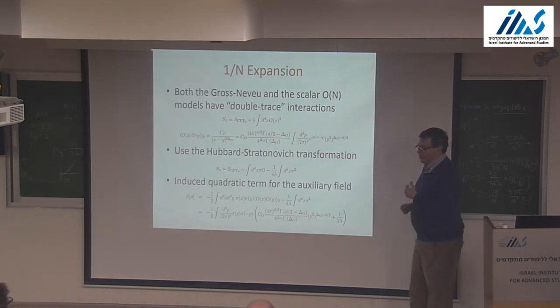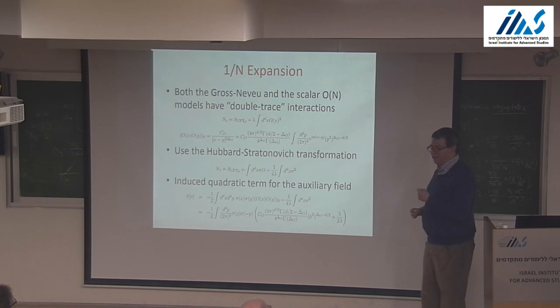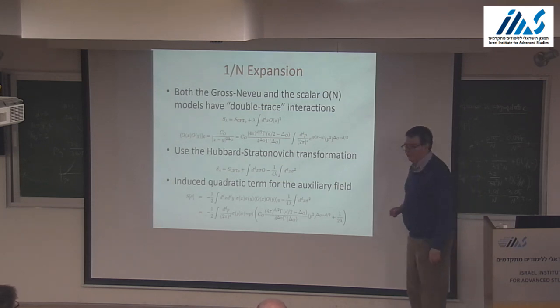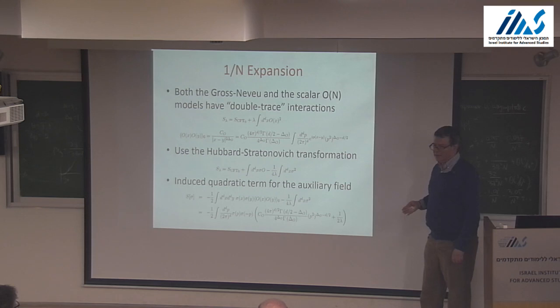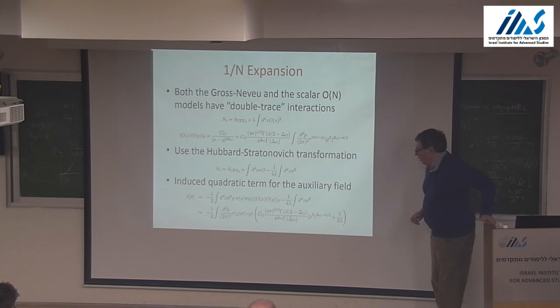And in that sense, the 1 over n expansion gives you a tool to study non-renormalizable theory. And I think people appreciated this also early on. This was before my time, and I don't remember who did this first. Maybe David was one of the first people who mentioned this in his maybe Les Houches lectures. Maybe in the original paper.